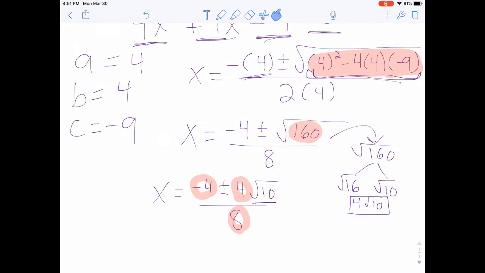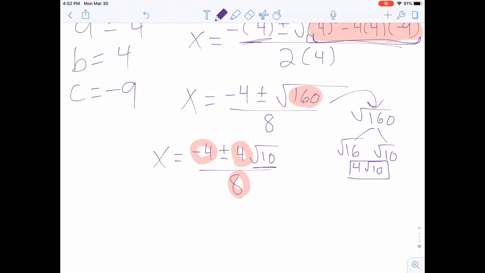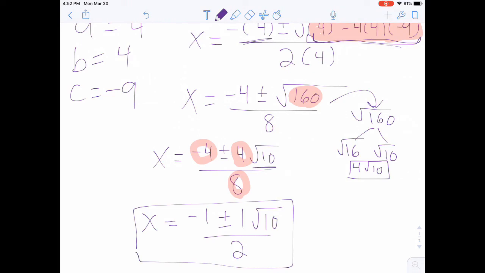They are all divisible by 4. So I can rewrite this as x equals negative 1 plus or minus, for purposes of this video I'll write the 1 there, 1 square root of 10, over 2. In simplest radical form, we have our two answers: x equals negative 1 plus or minus 1 square root of 10 over 2.